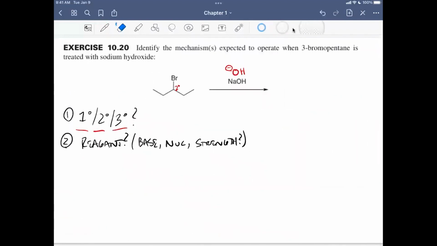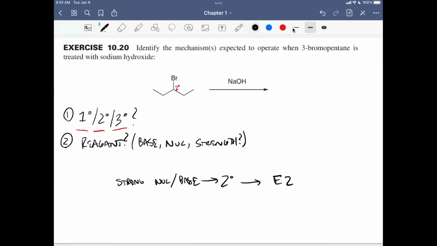So that means, I'll write it out, strong nucleophile, strong base, and it's secondary, so you're doing E2. You're eliminating it, so we need to get out that good leaving group and put a double bond in there.